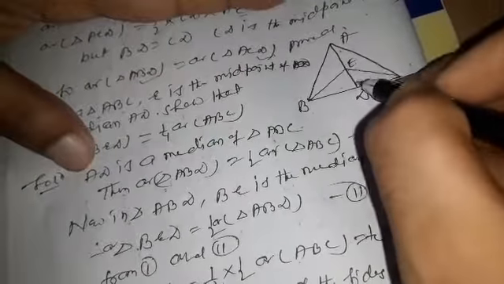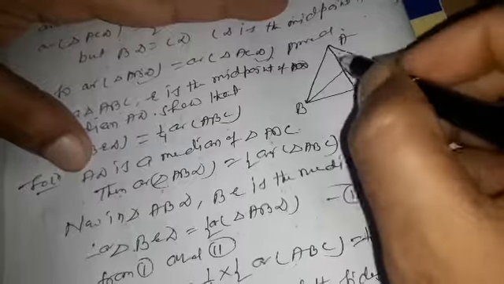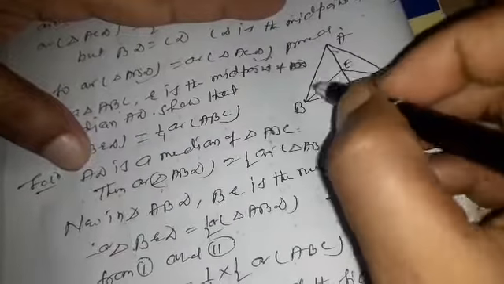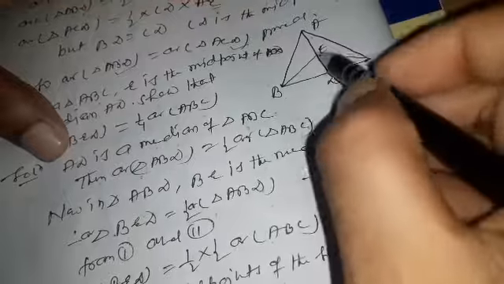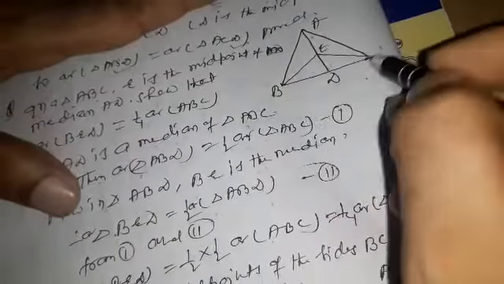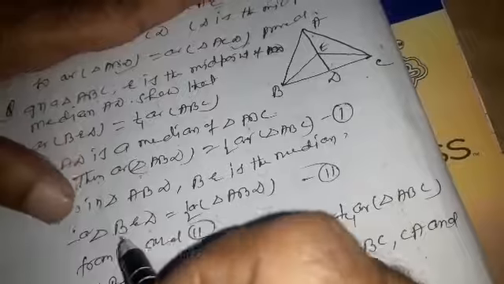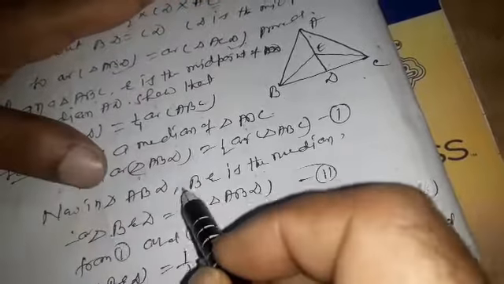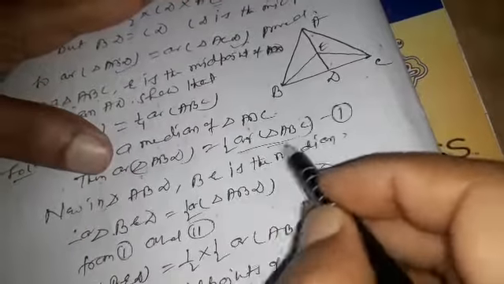So here AD is a median and we know that a median of a triangle divides a triangle into two triangles of equal area. Therefore area of triangle ABD is half the area of ABC.